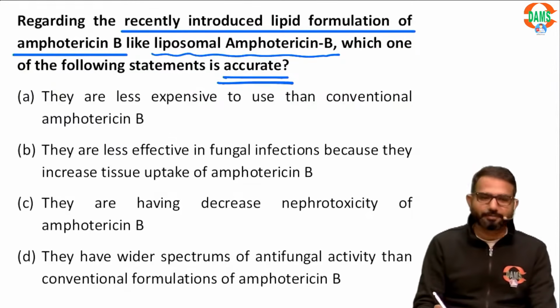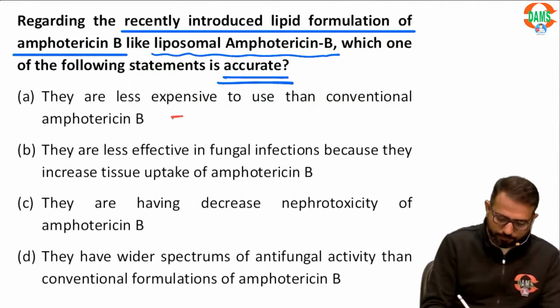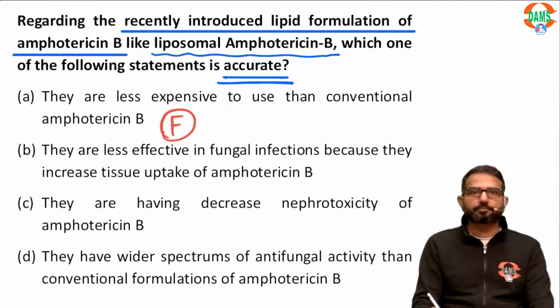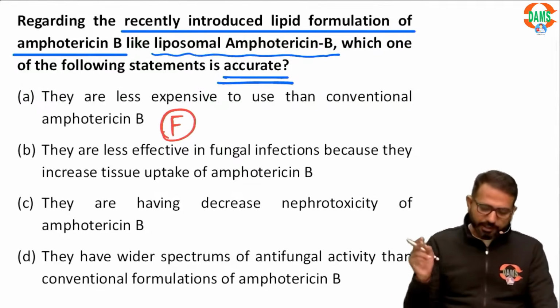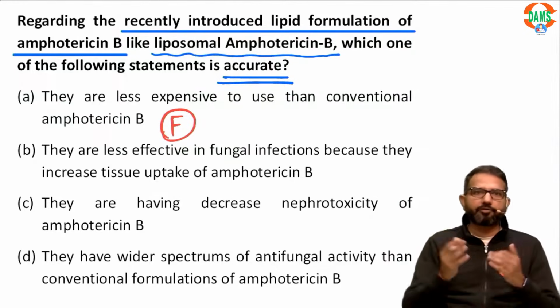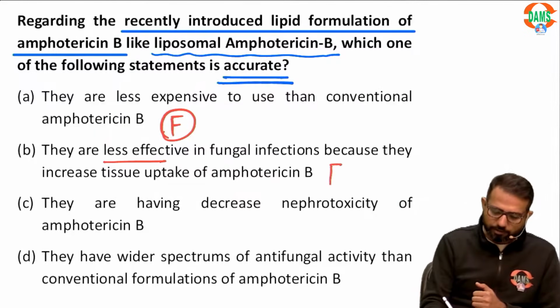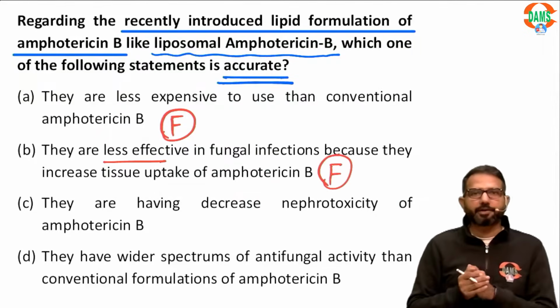LAMB is more expensive. So no, this is false. They are less effective in fungal infection because they increase tissue uptake of Amphotericin B. So they are not less effective. False. They are very effective.